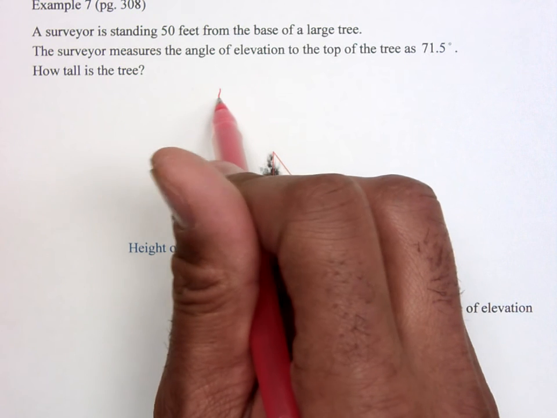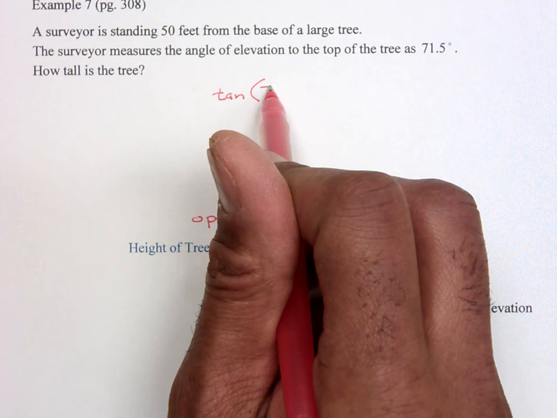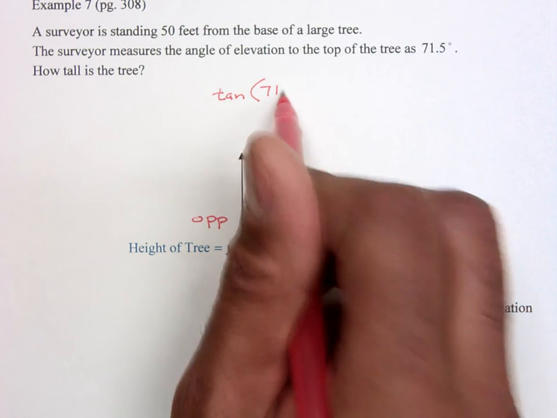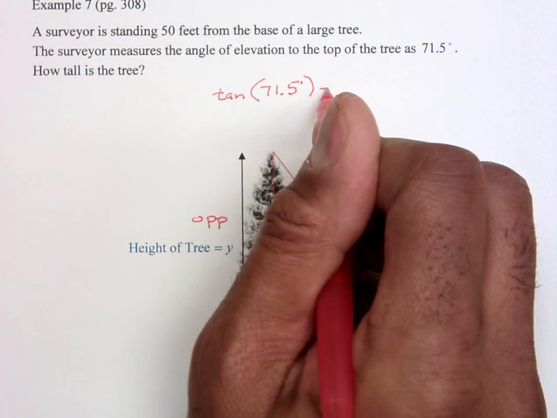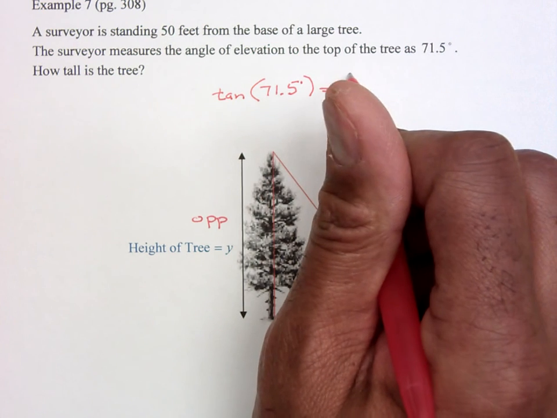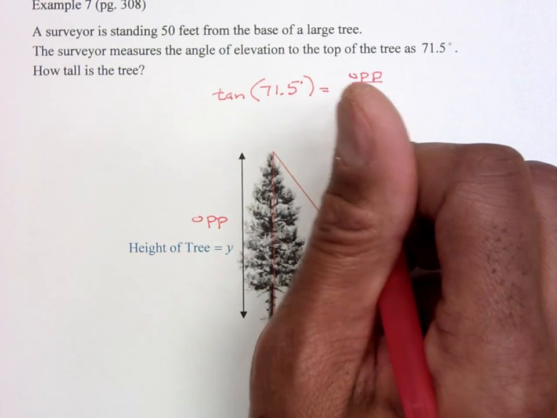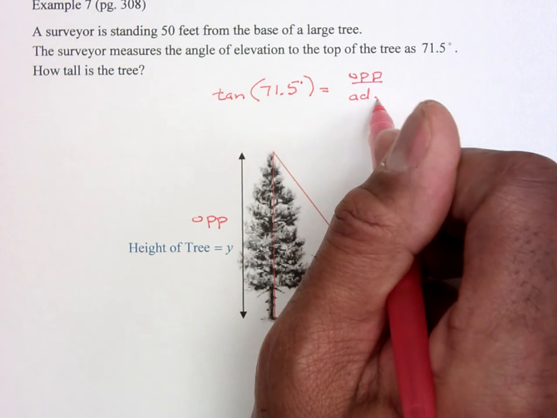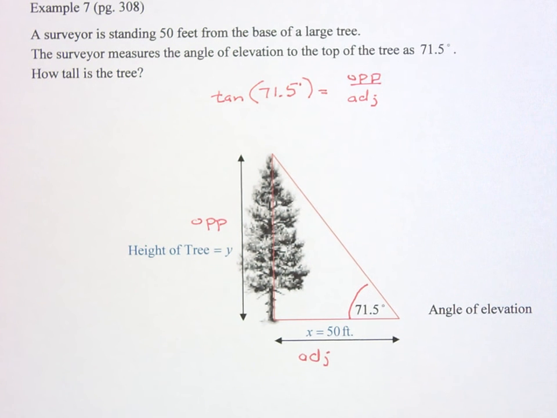The tangent of 71.5 degrees is the opposite over the adjacent. Now what I want you to do, go ahead and get your calculators out, and let's calculate, we'll round it to 2 decimals.